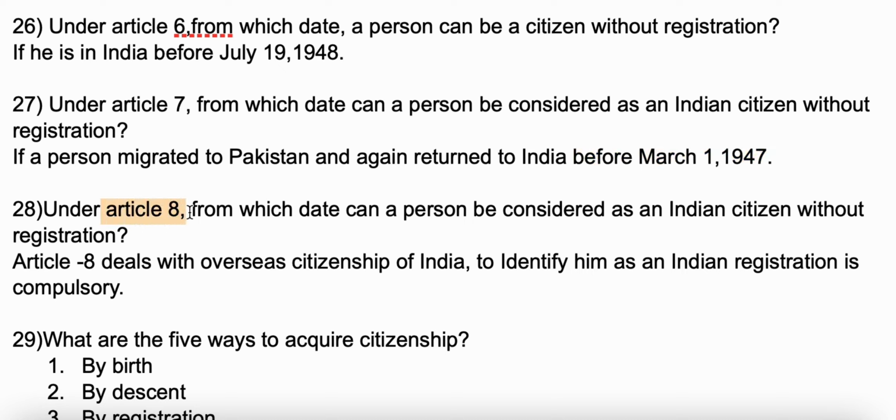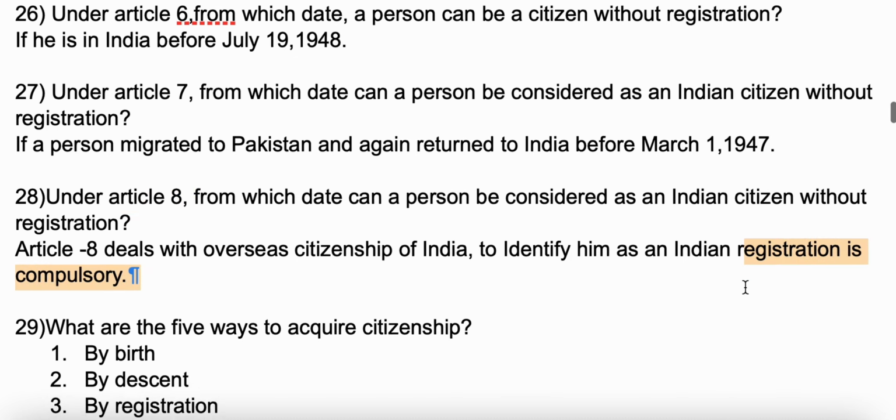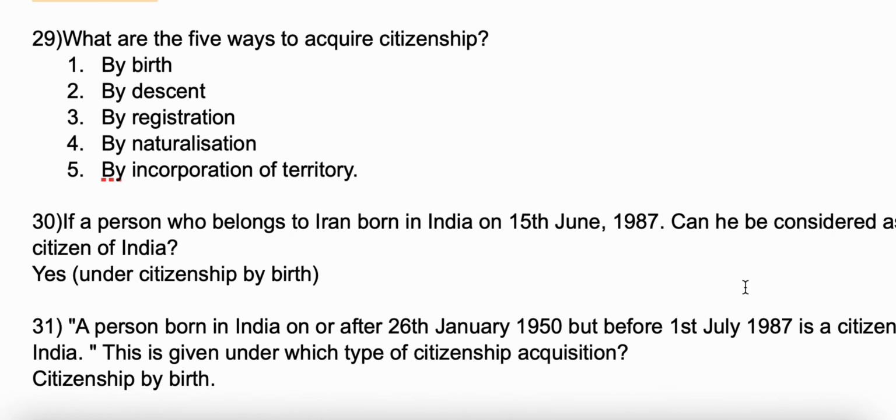But under Article 8, whatever date I return, registration is compulsory. Okay. Now 29th question, what are the 5 ways to acquire citizenship? So the 5 ways are by birth, by descent, by registration, by naturalization, and by incorporation of territory.